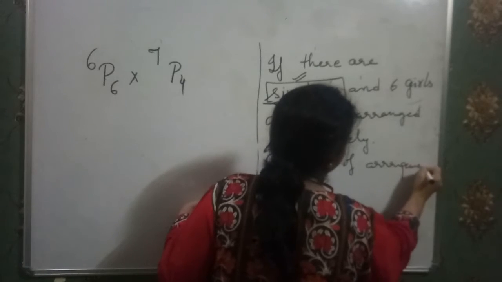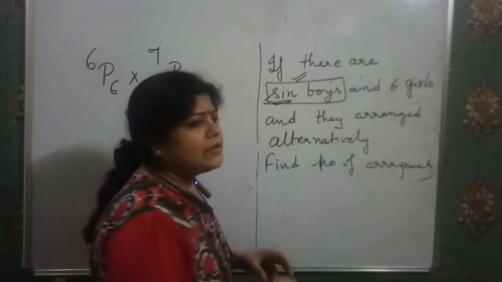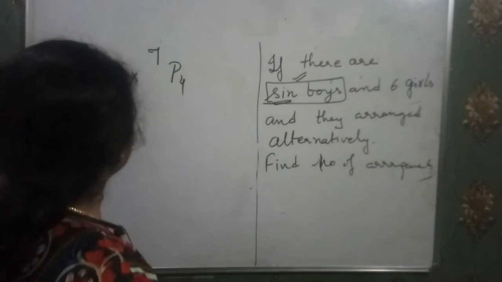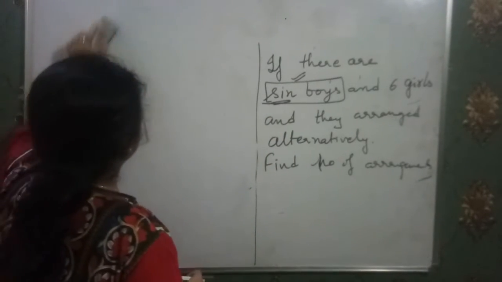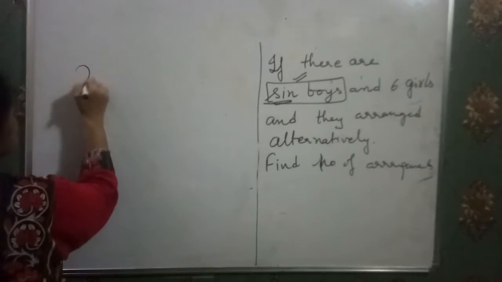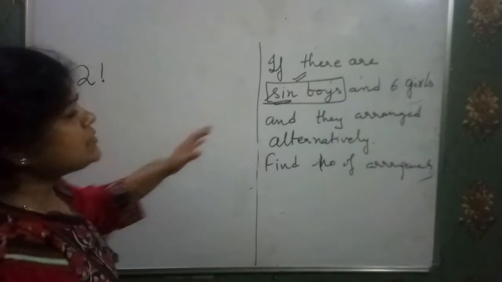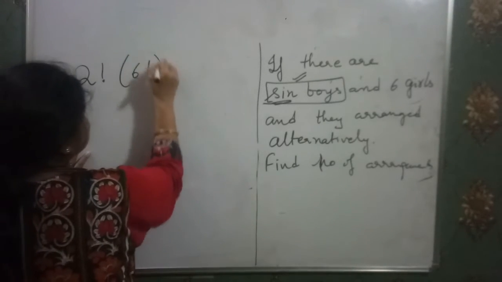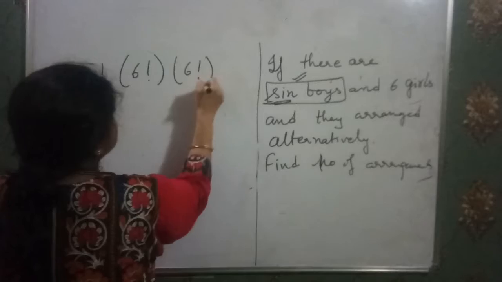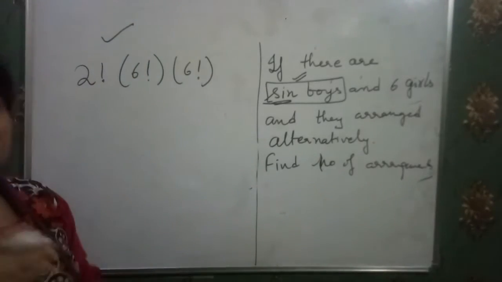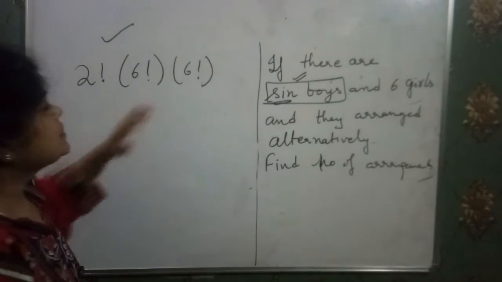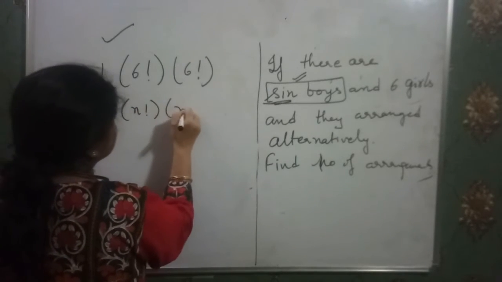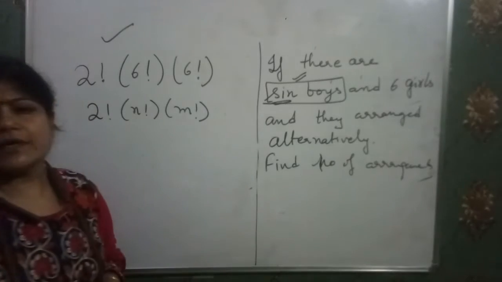Clear? That means 1 boy, 1 girl, 1 boy, 1 girl. For that case, you solve in this way: factorial 2, and with 6 boys and 6 girls, factorial 6 and factorial 6. So when we have to place them alternatively, we just use this formula: factorial 2, factorial n and factorial n. In this way you can solve that.